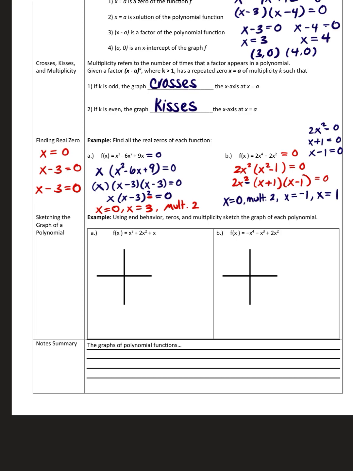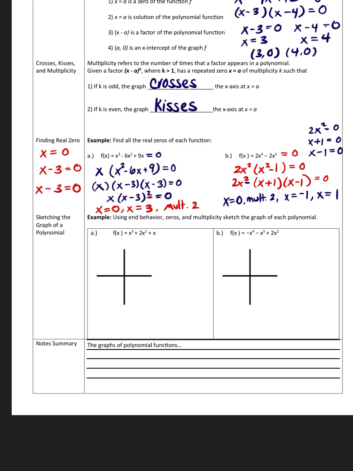We would have 2 zeros for x equals 0, and a negative 1 and a positive 1. And again, our highest degree here is 4, so we would need 4 zeros, okay? That means at the graph, this would touch, and at the graph, these will cross, okay?